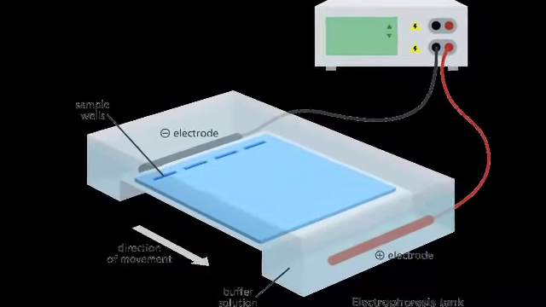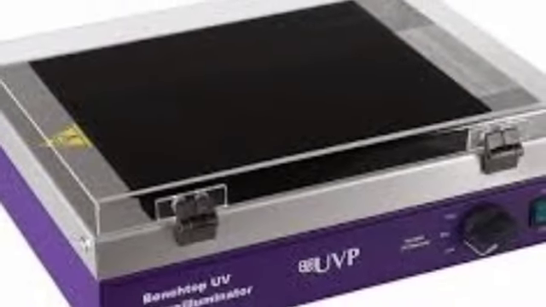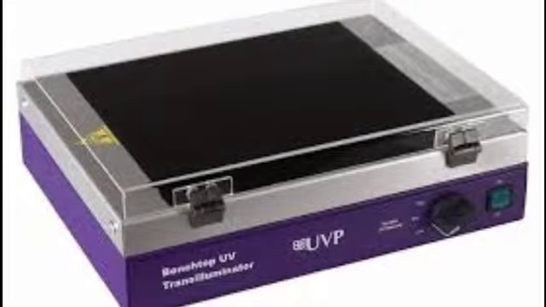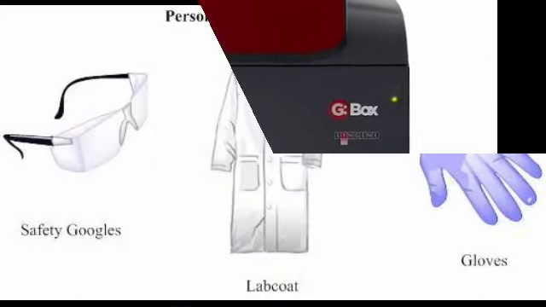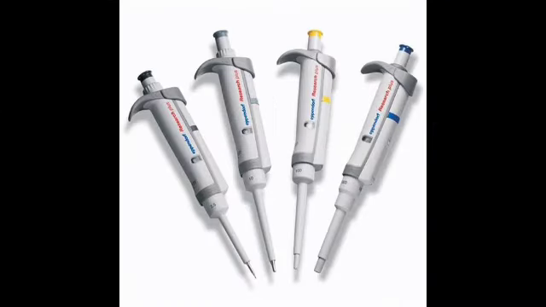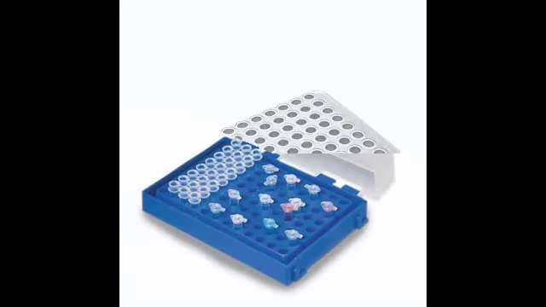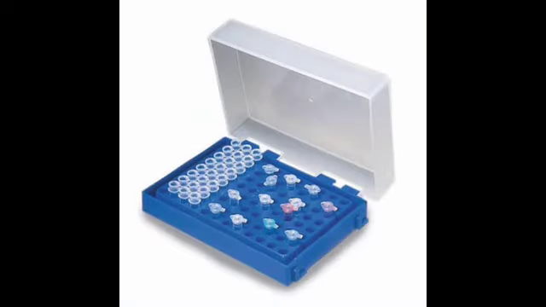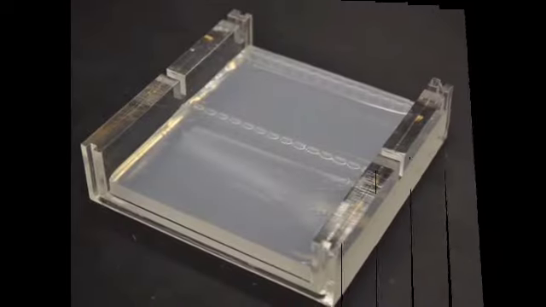This room is for product detection equipment, that is gel electrophoresis tanks, power packs, UV transilluminator, the gel documentation system. This area should have separate sets of gloves, lab coats, plates, tube racks, pipettes, filter tips, bins, and other equipment.